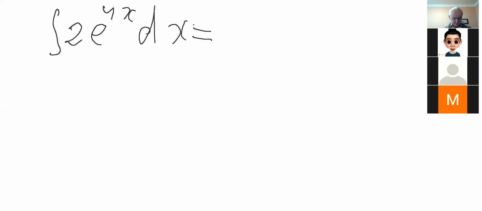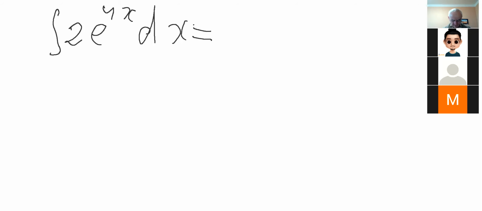At first, we need to write it as integral 2e to power 4x multiplied by d4x. Into d, we need 4x to use the formula for integration. Okay, let's write 4x and then check. And we have to divide it by 4.